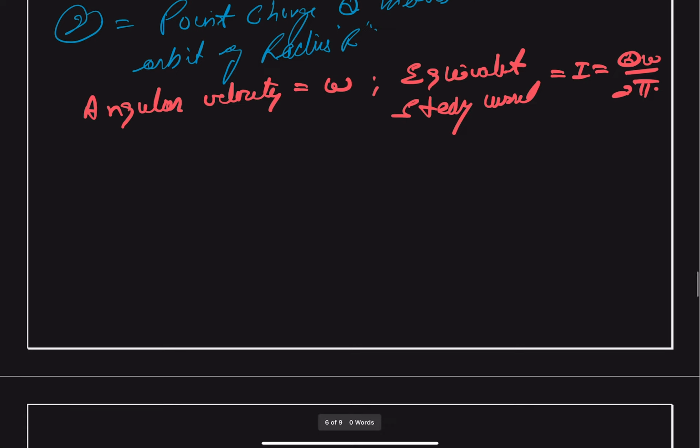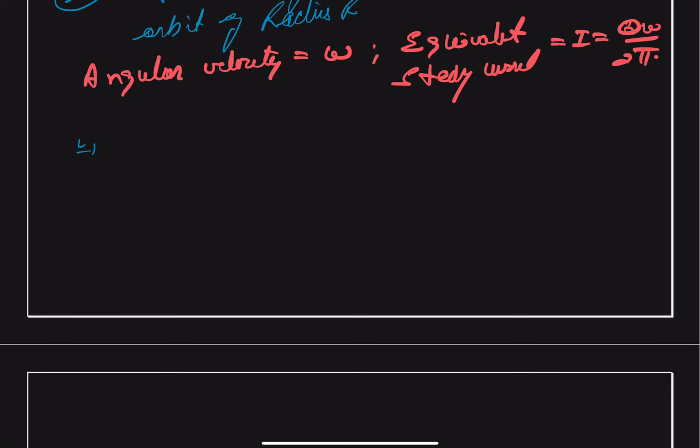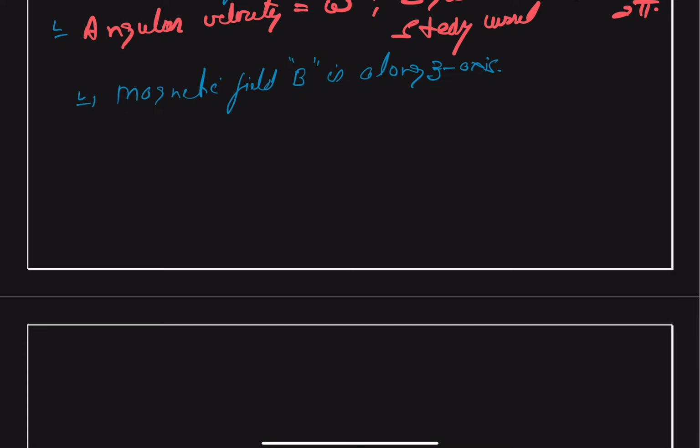Another thing that is given is that the magnetic field, which is represented as B, is along the z-axis, and it increases from 0 to B in 1 second.